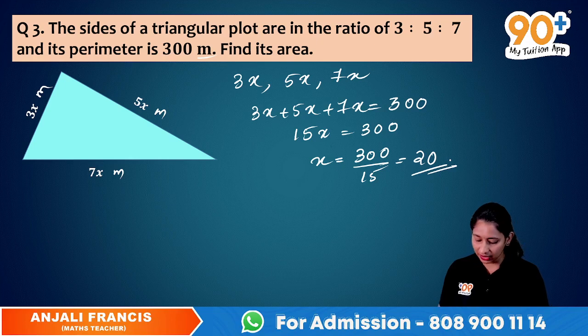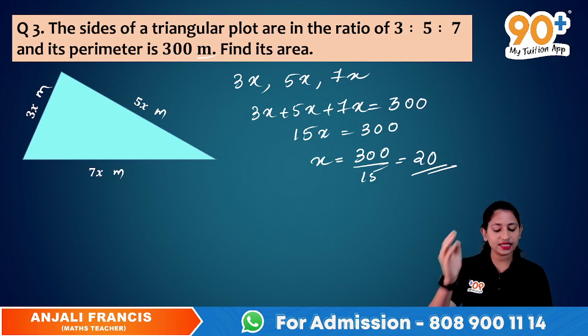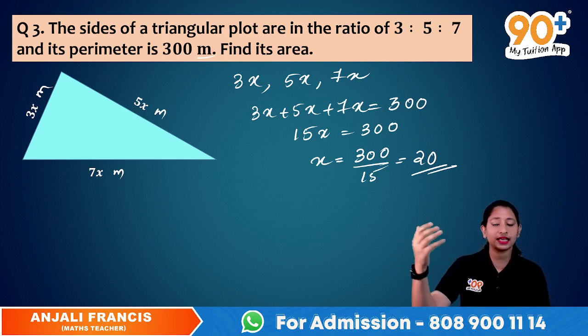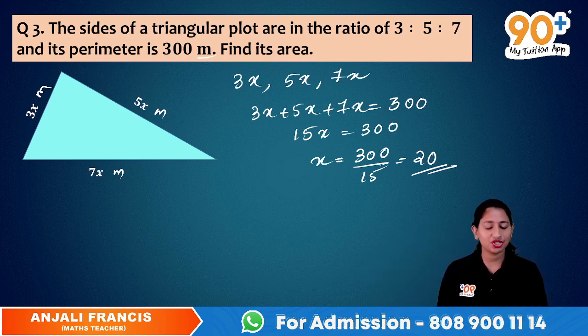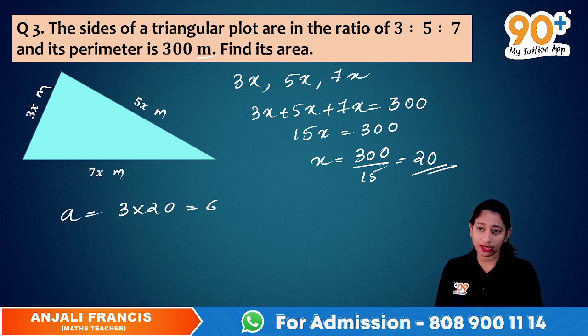So x ന്റെ value 20 എന്ന് വന്നത്. ഇനി we are just putting the value of 20 in the x here. So we are just finding the exact values of the side measurements. So a is equal to 3 into 20, which is 60.